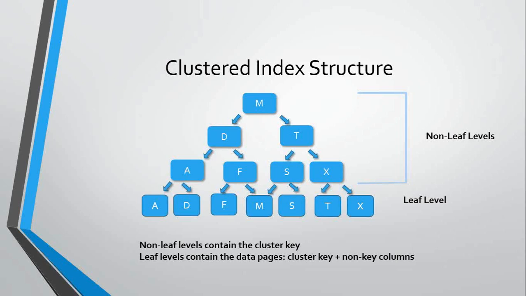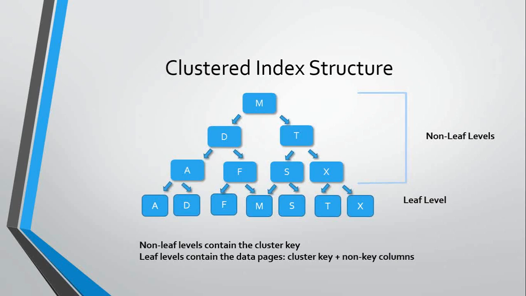I have to decide what the key is going to be. Most of the time, not always, your primary key will also be your cluster key. There's no hard and fast rule that says that has to be. But if you don't specify when you're creating the table and you say I want a particular key to be the primary key, SQL will automatically create a clustered index on that.